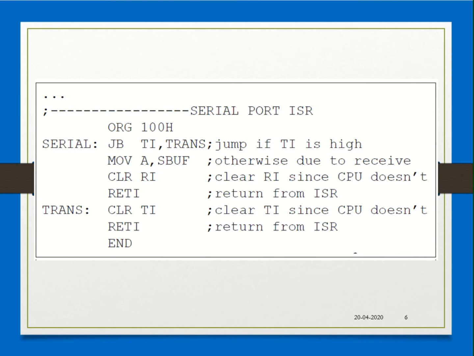I hope it is clear. Go through the program again in order to understand. Just to recall, the TI and RI flags are in the SCON register. Just check the registers.